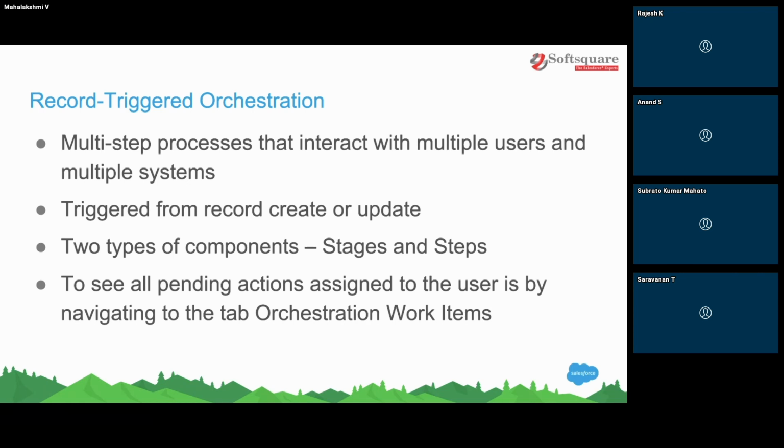Here we can give the initial triggering point to that orchestration flow, and we can autolaunch the orchestration flow by Apex or flows or any other process. We can also launch it without user interaction, as a background process of the orchestration flow.